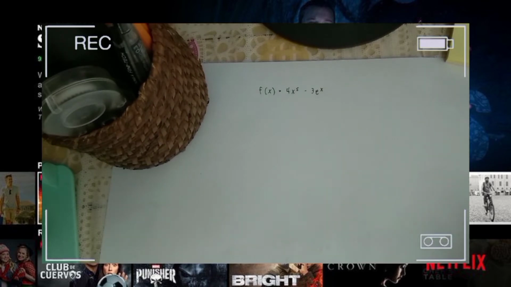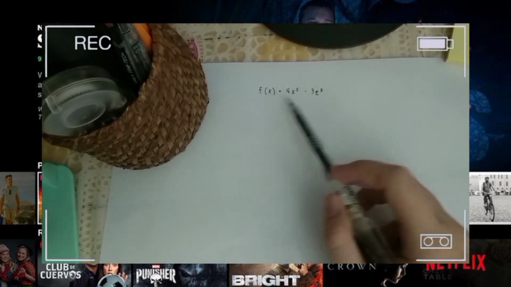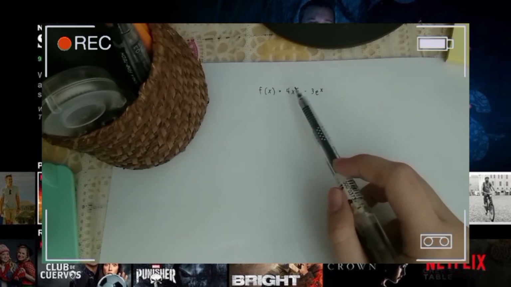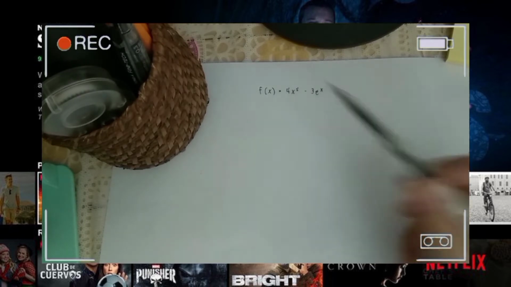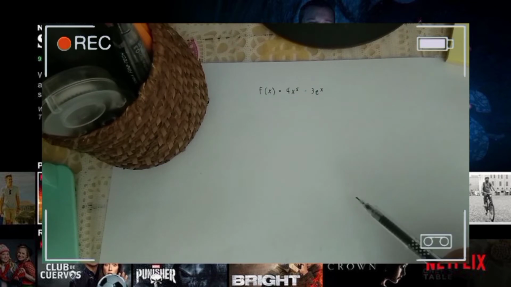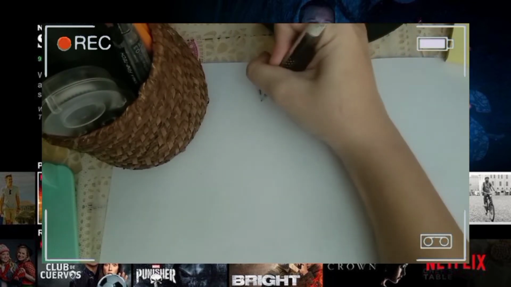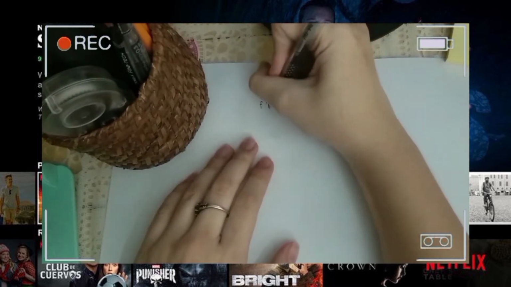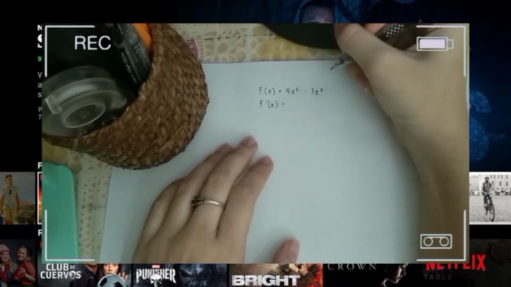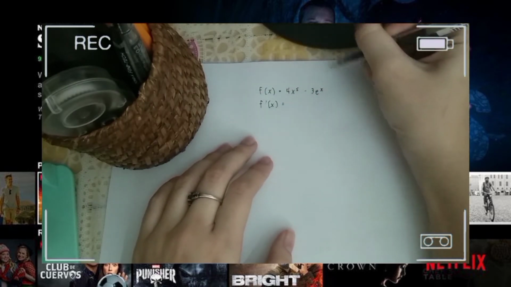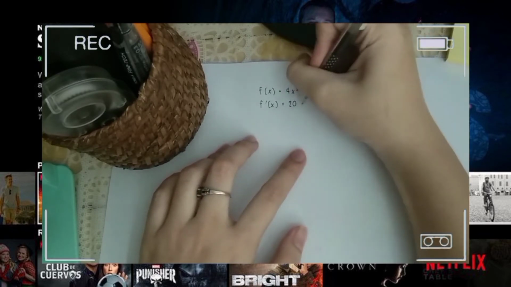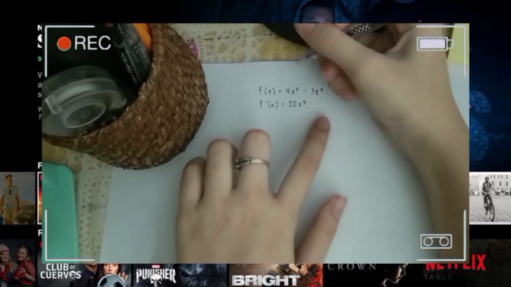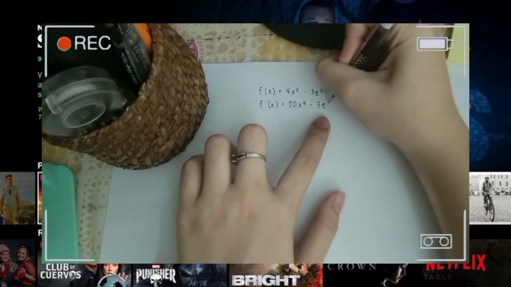Let's go ahead and find, for example, the 4 derivatives of f of x equals 4x to the 5th minus 3e to the x. So let's start by finding the first derivative. Using the power rule, you bring down the power, and you get 20x to the 4th minus 3e to the x.